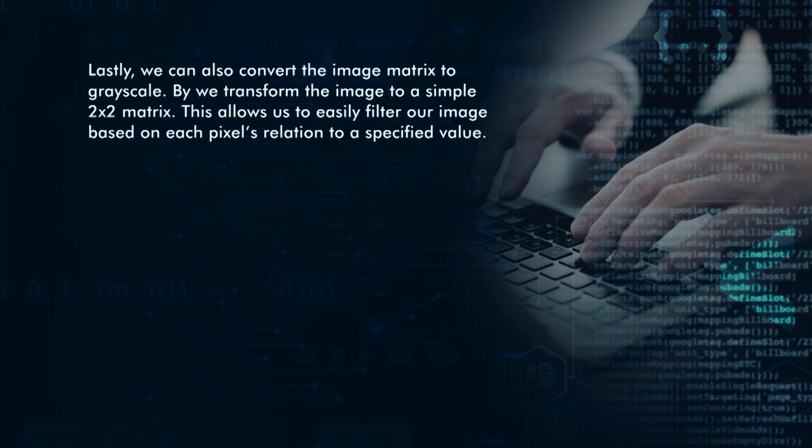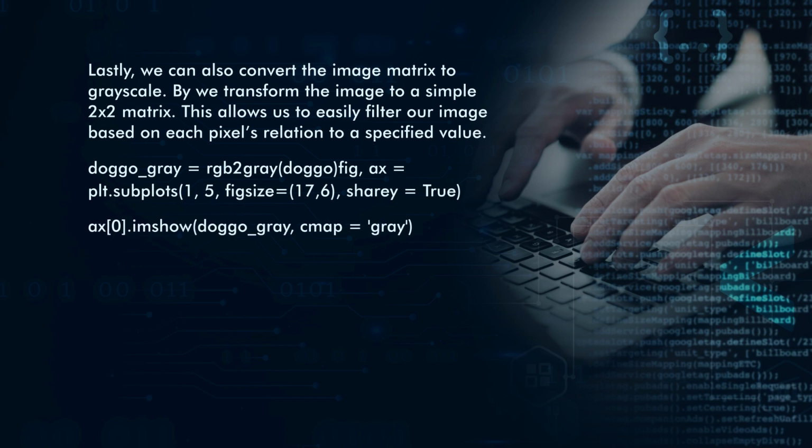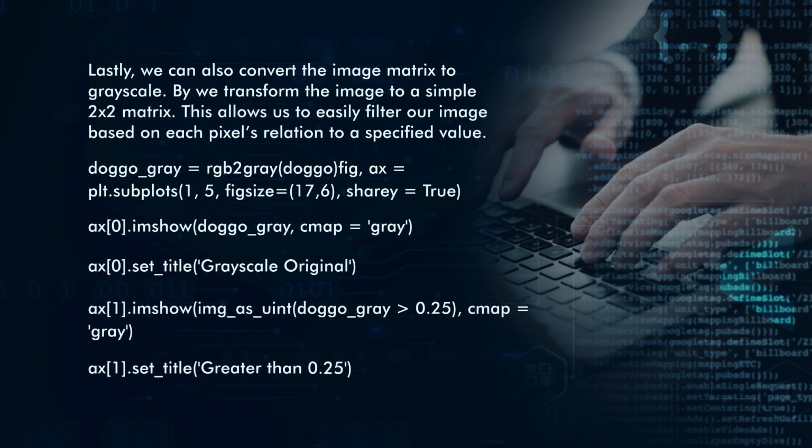Lastly, we can also convert the image matrix to grayscale, where we transform the image to a simple 2 cross 2 matrix. This allows us to easily filter our image based on each pixel's relation to a specified value. So, this is the syntax for conversion of RGB to gray.